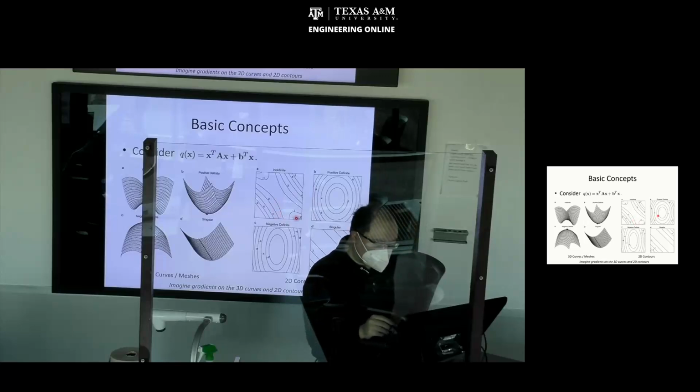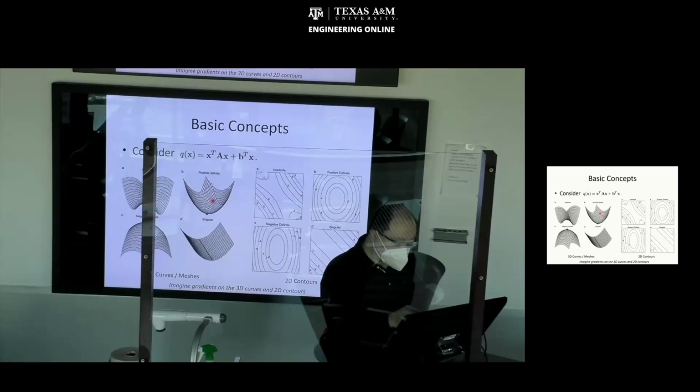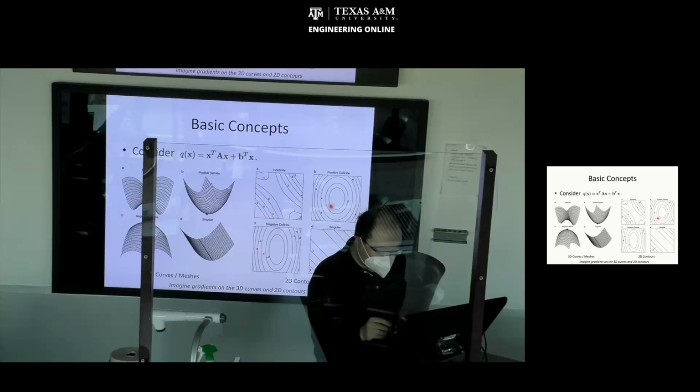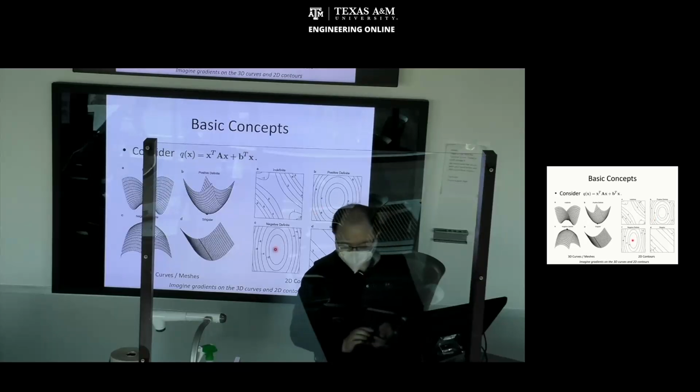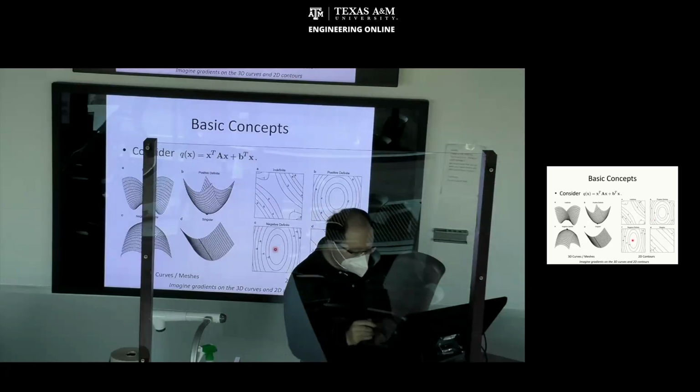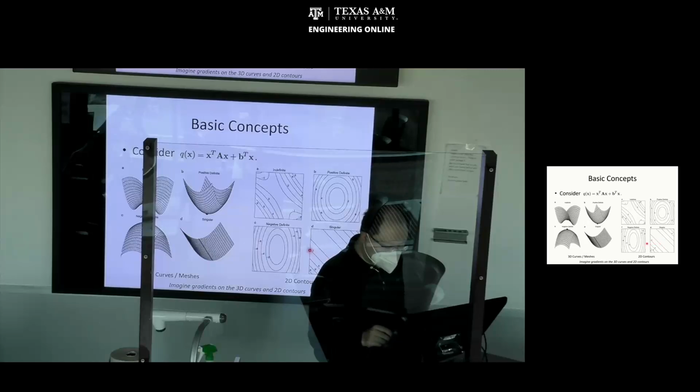So here you look from the top, you see a lot of ellipsoids, right? In the case of convex or concave shapes, okay? So the difference lies in whether the middle has the lowest function value or the highest function value, okay? And then this is singular. Again, if you look at it, it seems like there are a lot of lines, okay?